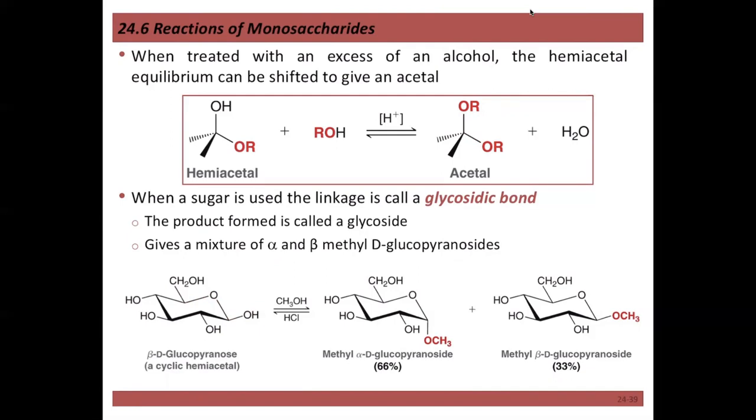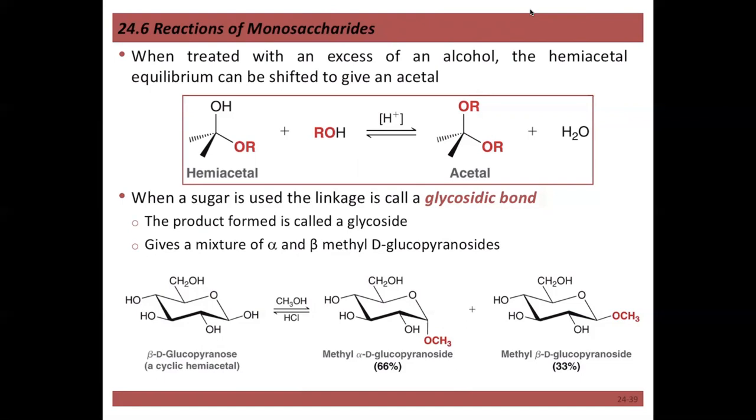And so we can do this on sugars. Instead of acetals, they actually refer to it as a glycosidic bond now. And we'll see this change in nomenclature again when we talk about proteins. We refer to that in organic chemistry as an amide bond, but biochemists refer to it as a peptide bond.